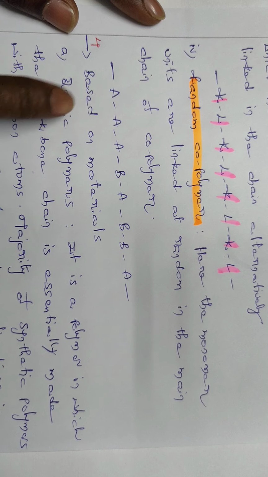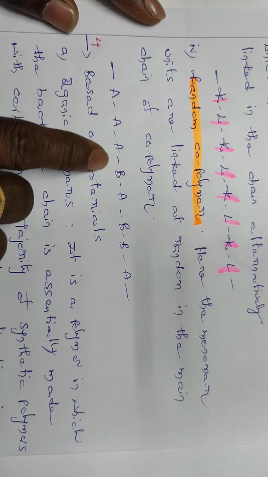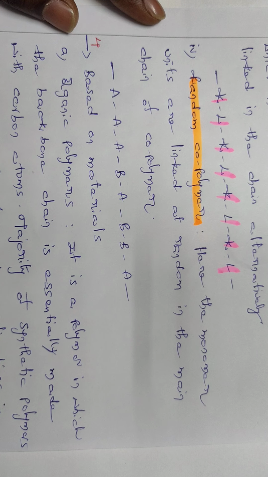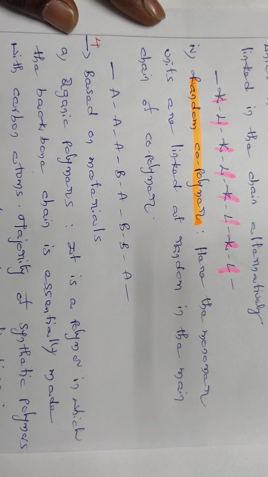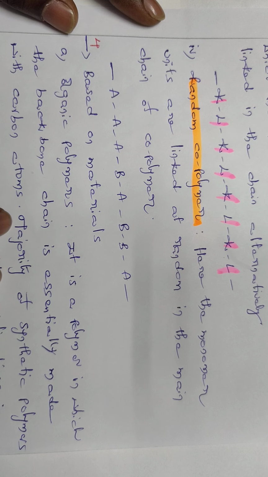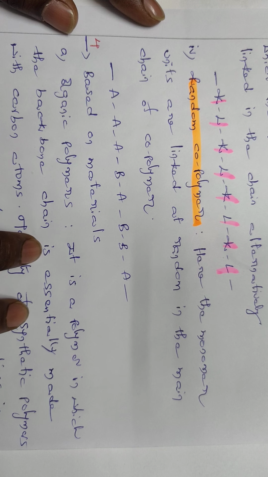Here A and B are two different monomers: A, B, B. Whatever the linkage may be, there is no alternate, no block type arrangement, no graft copolymeric type arrangement. Such an arrangement is called a random copolymer. That means there is no systematic arrangement in the polymeric chain.